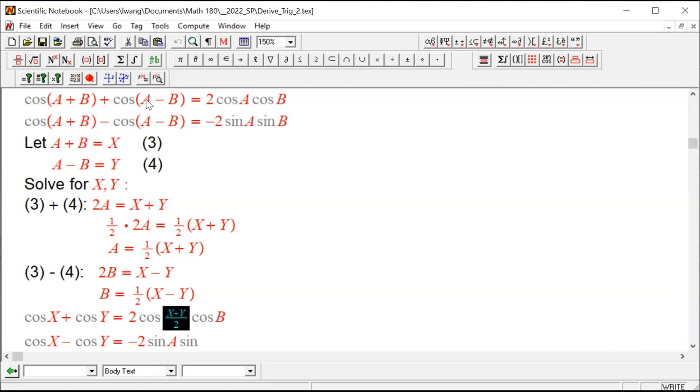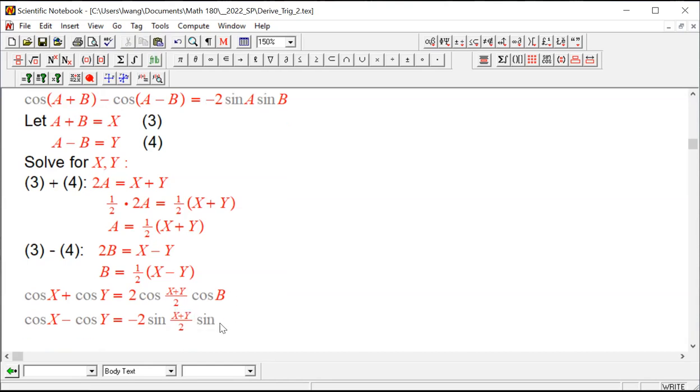And this, of course, is B. B will be replaced by X minus Y divided by 2. The same is for the next B over there.